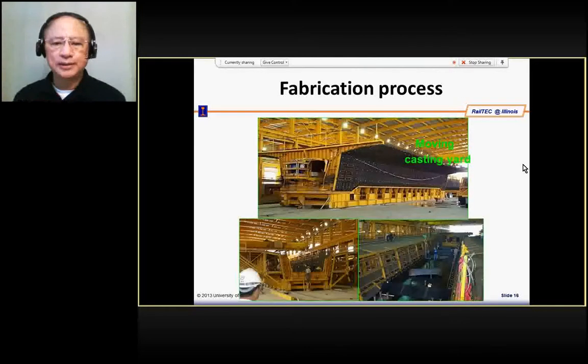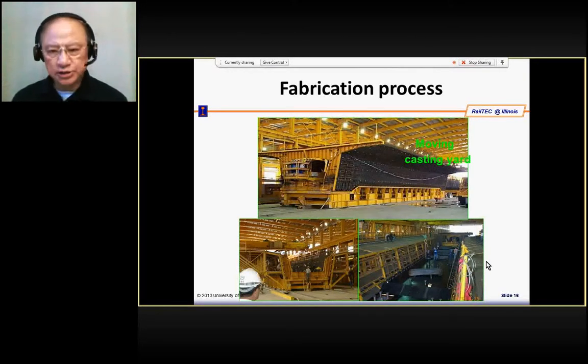Okay, let's look at the molding used for casting the girder. This is the outside mold, and you start putting all the rebar in. After you put the rebar in, you start putting in the inner waterproofing membrane, or the inner rebar, and then you can cast the concrete to form the girder.